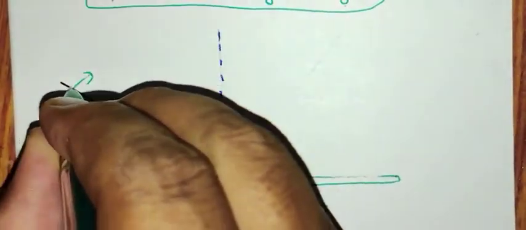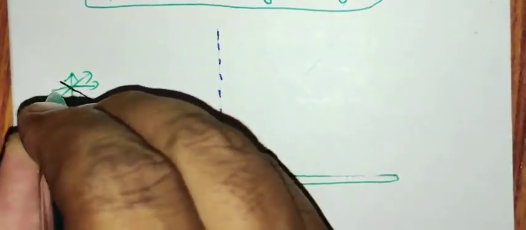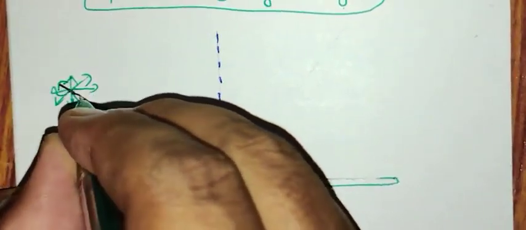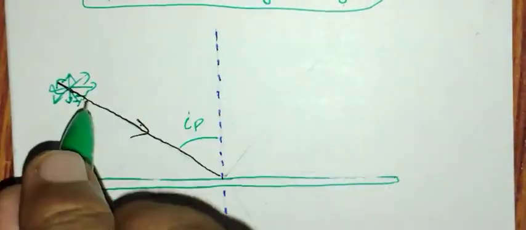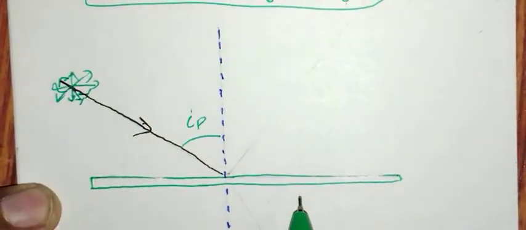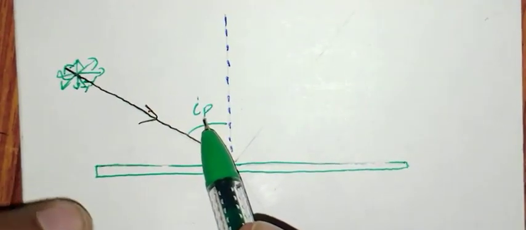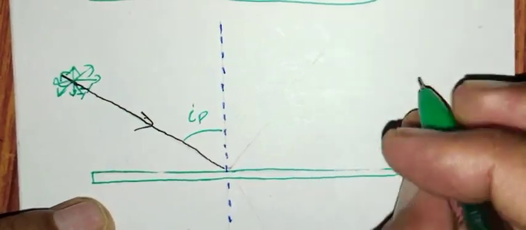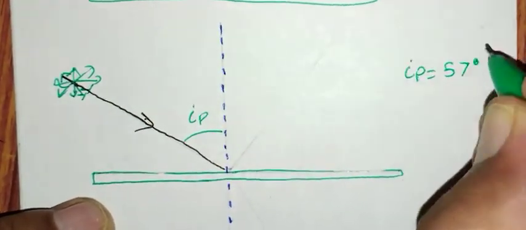This unpolarized light is allowed to fall on a glass plate at the polarizing angle. For air and glass, this polarizing angle is around 57 degrees.